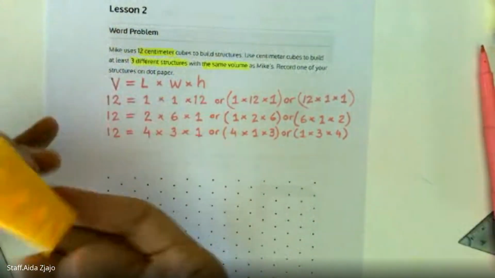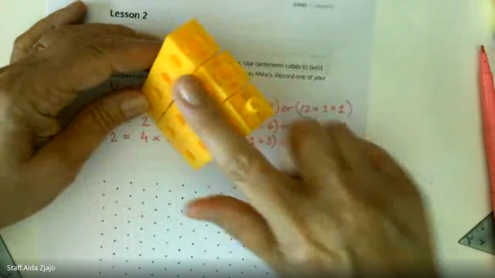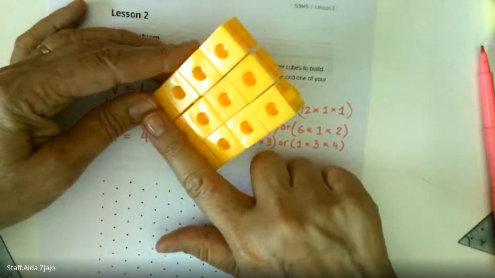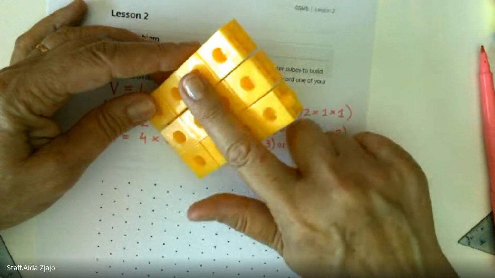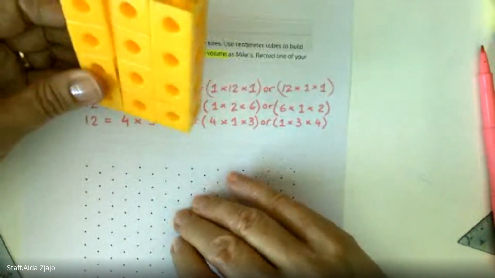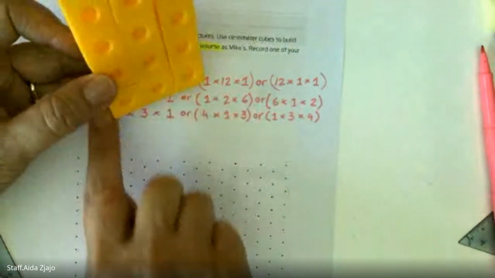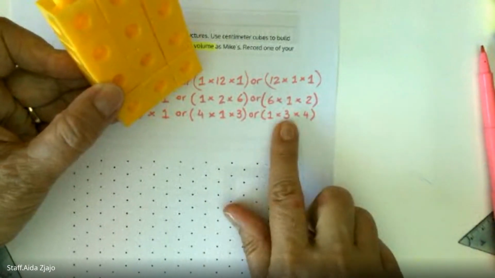So here the base is 3, and it's standing on 3 cubes. So the top is layer 1, which is 3 cubes, layer 2 is 3 cubes, layer 3, layer 4, all 4 layers are 3 cubes. And that is 1 by 3 by 4.